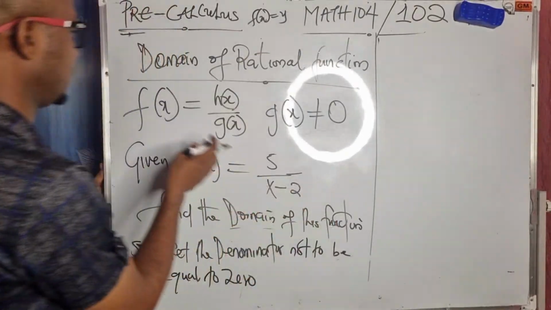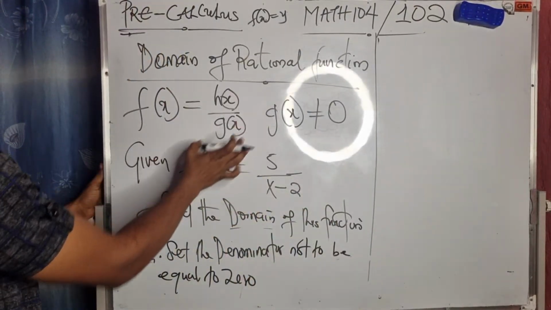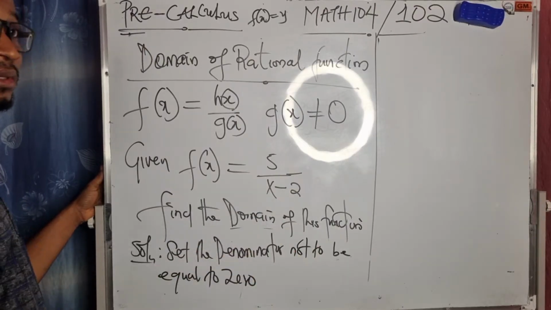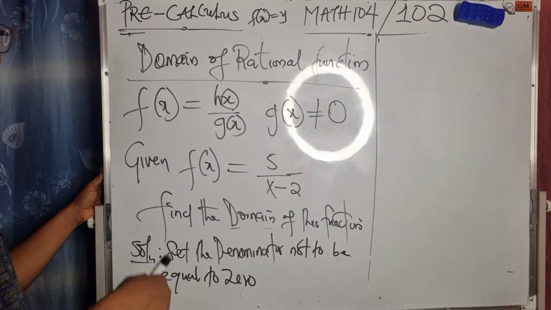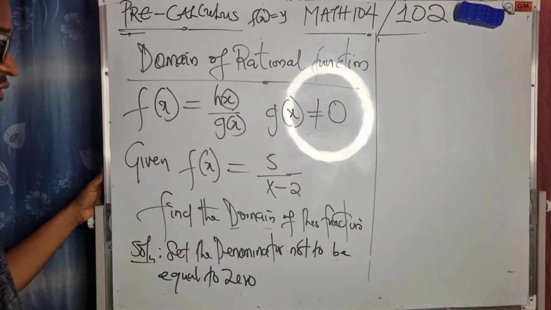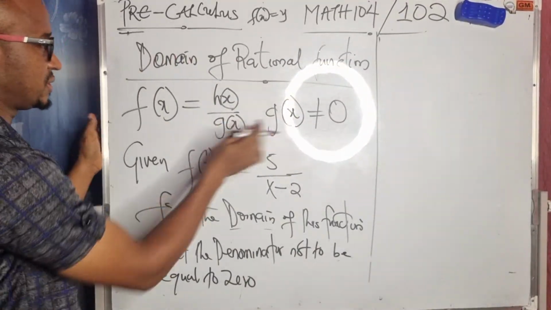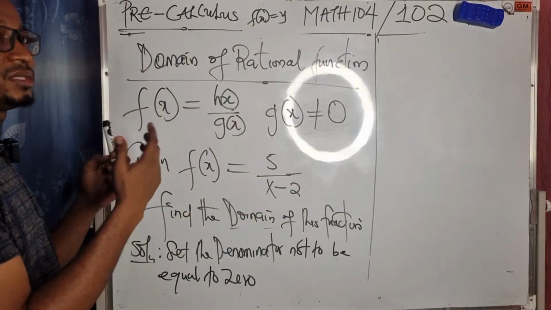What we mean here is that because we say that f of x equals h of x divided by g of x, some textbooks will say set it equal to 0. All they are doing is just finding the value of x that will not define that function. Or the best way is to just set it not to be equal to 0, because if g of x is equal to 0, that means f of x becomes undefined.